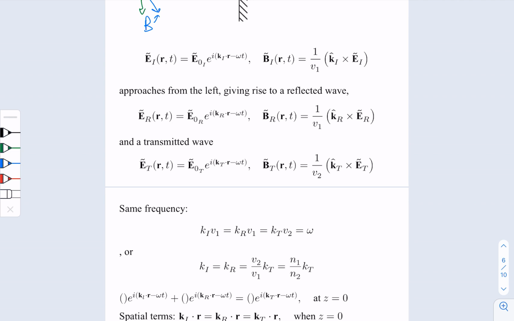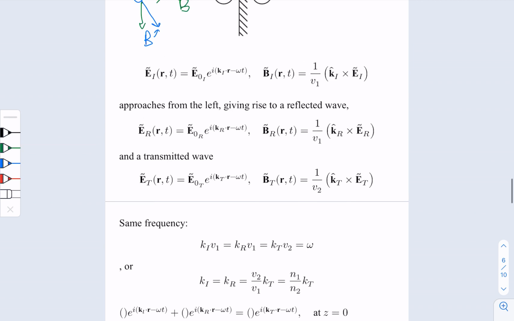So this one already sets some conditions on these wave vectors k_i and k_r, because the k vector times the speed of propagation equals the frequency.